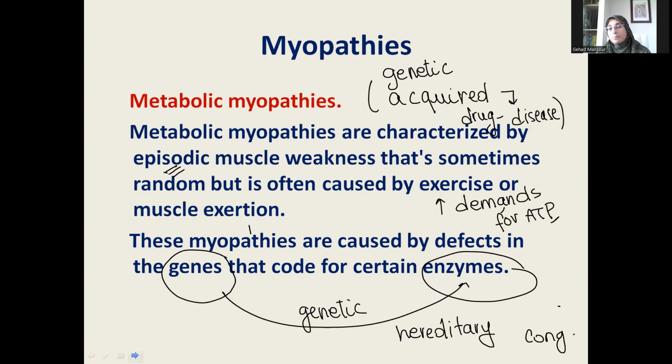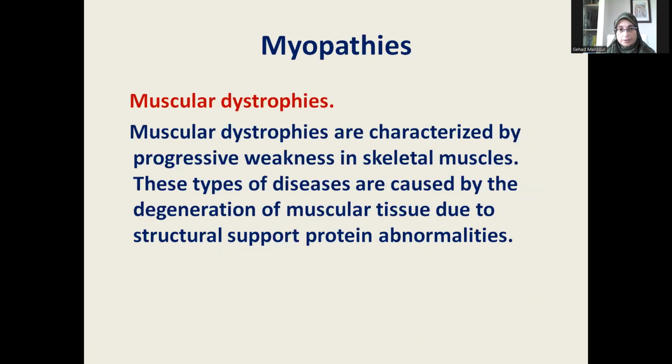Metabolic myopathies are the broad name for any disease associated with muscle weakness because of a mutation in the gene that codes for a particular enzyme, and that enzyme speeds up reactions that produce ATP. So mitochondrial myopathies are nothing but a subclass, or an example, of metabolic myopathies, and they represent a big weight in metabolic myopathies.